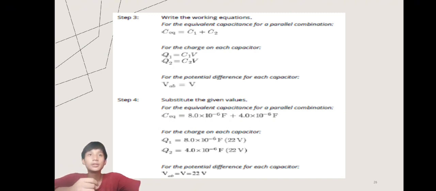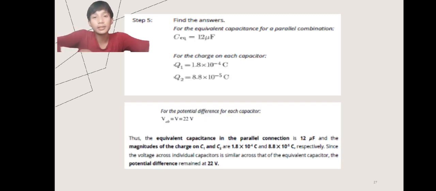Now substitute the given values. For the equivalent capacitance, it is 8.0 x 10 to the power of negative 6 plus 4.0 x 10 to the power of negative 6 F. For Q1, it is 8.0 x 10 to the power of negative 6 F times 22 V. And for Q2, it is 4.0 x 10 to the power of negative 6 F times 22 V. Now we just find the answers.